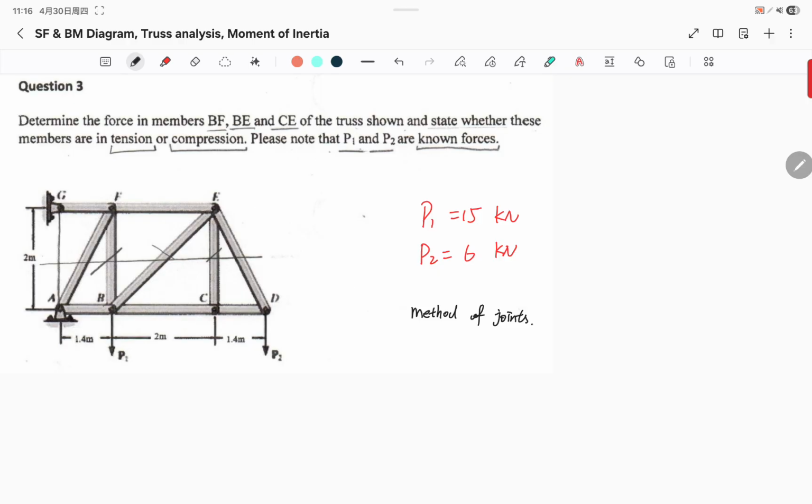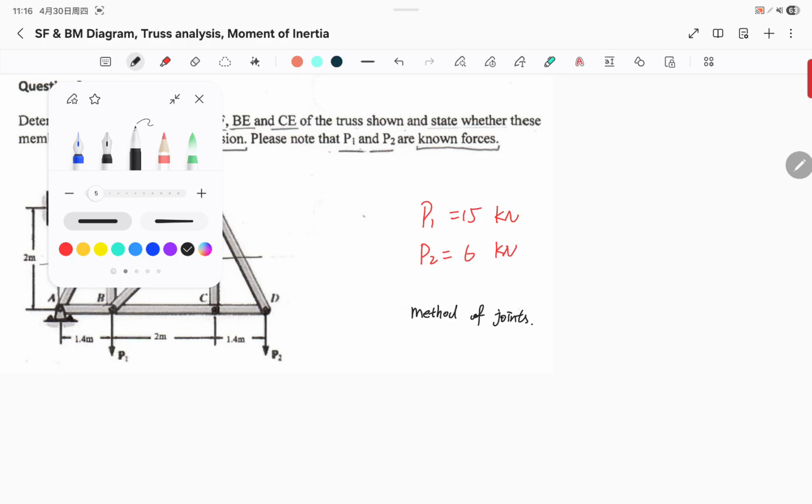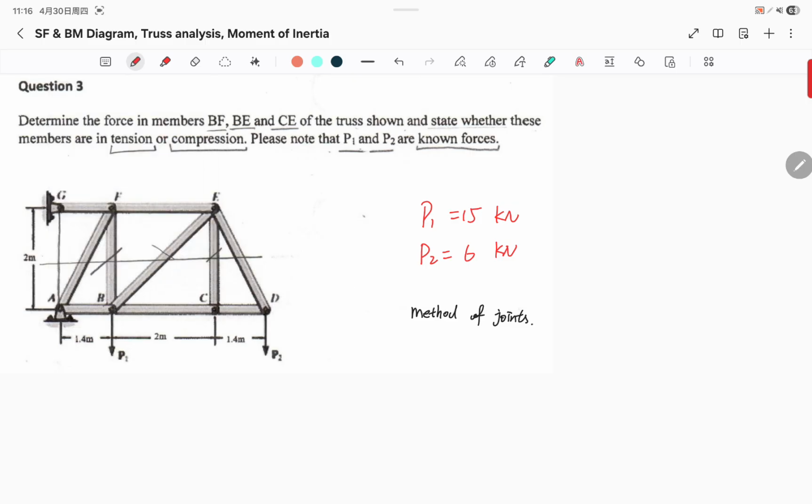So we have P1 and P2. They are given: P1 is 15 and P2 is 6.